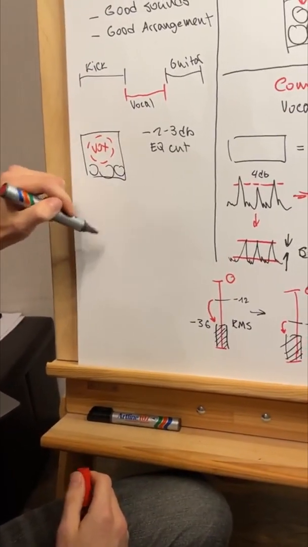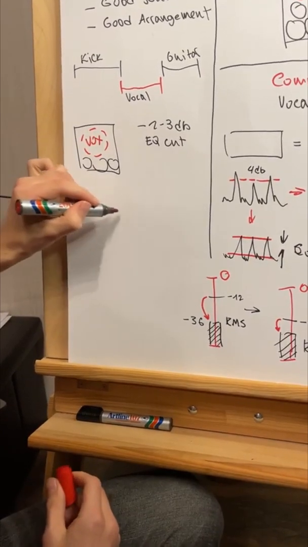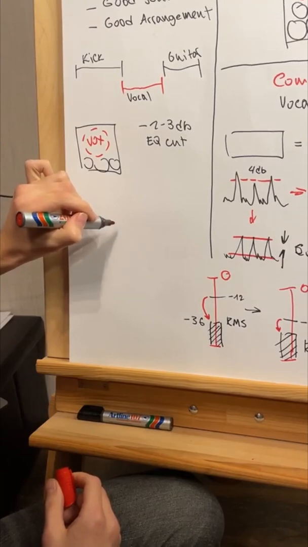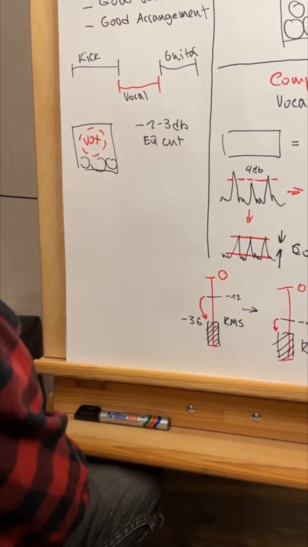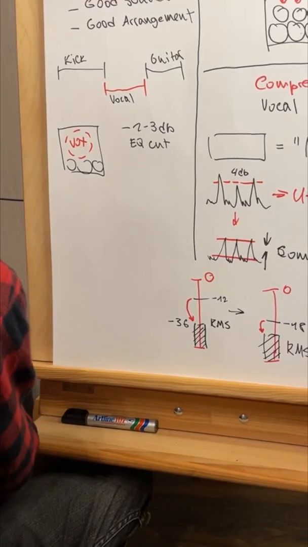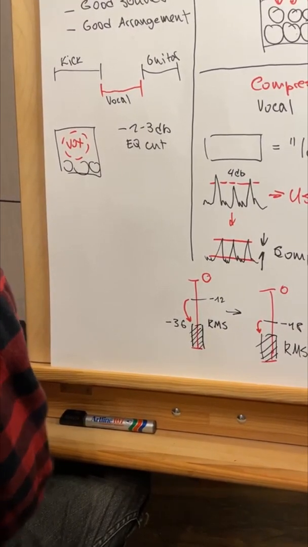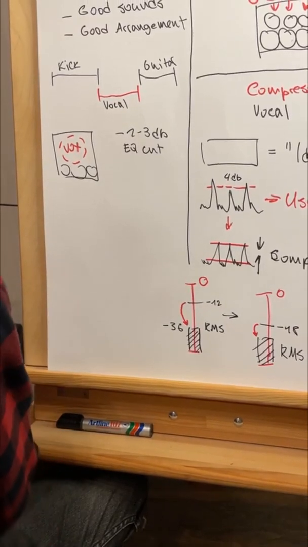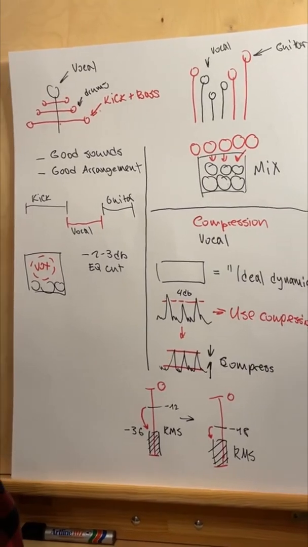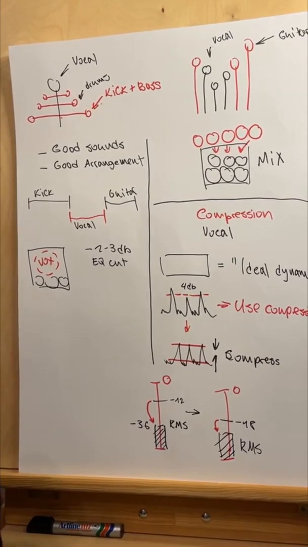Let me think how to draw a knee. So for example, if that is going to be the curve for the compression, let me Google this. I just want to know how it looks. Compression knee. So I could draw this on the paper.